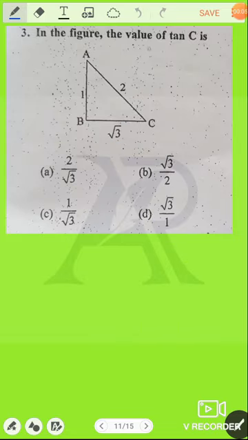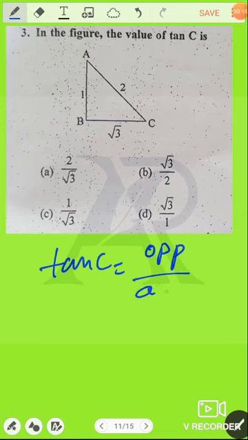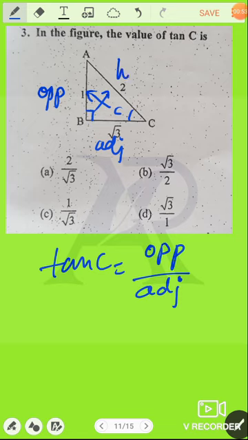In the figure, the value of tan C is. We need to find the value of tan C. We know by definition tan is equal to opposite by adjacent. Therefore, in this triangle, this is angle C, and the side opposite to angle C is this one. AB is the opposite side and BC is the adjacent side, and the side opposite to 90 degree will become the hypotenuse.